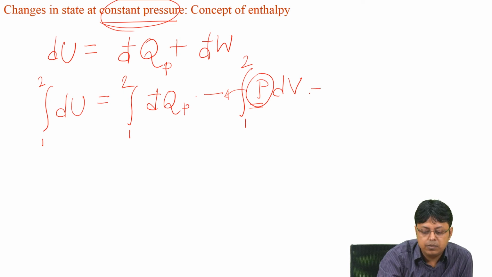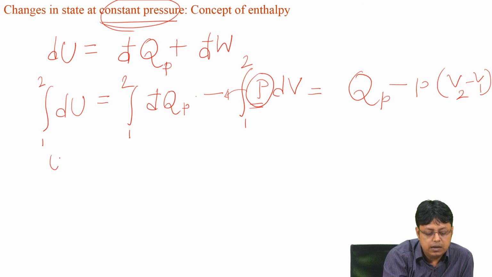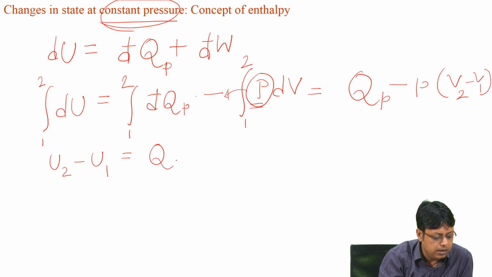So, in the next step we will just write it as Q_p. Remember that we cannot write delta Q_p because q is a path function, and the second integral is nothing but V2 minus V1. Now, on the left hand side I have a change in internal energy, which we could write as U2 minus U1, and then on the right I have the heat change at constant pressure, Q_p, minus P V2 plus P V1.